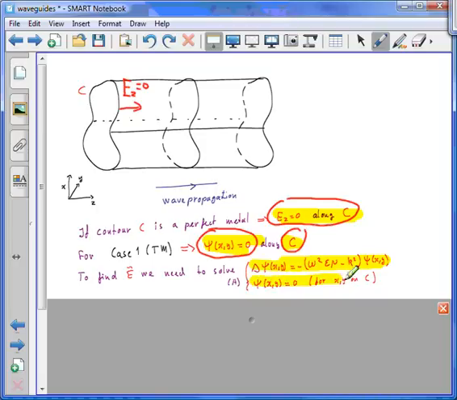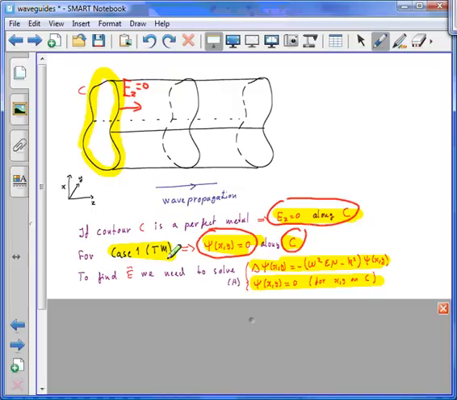But we have to introduce this boundary condition of psi equals 0 whenever xy is on the contour C. So along this contour C, we want psi equals 0. And this is true only for the TM case.